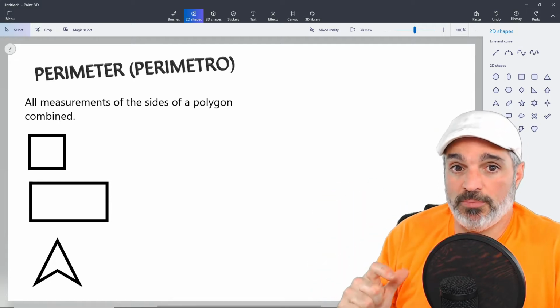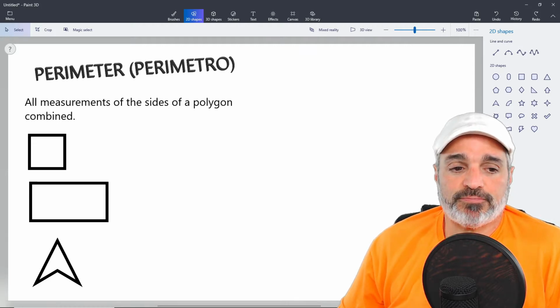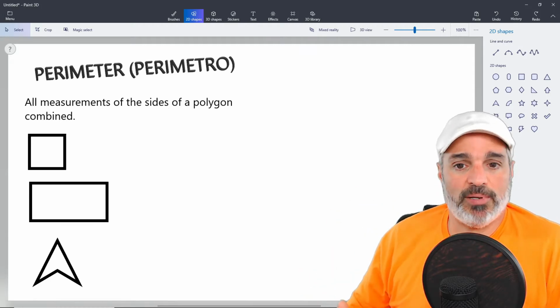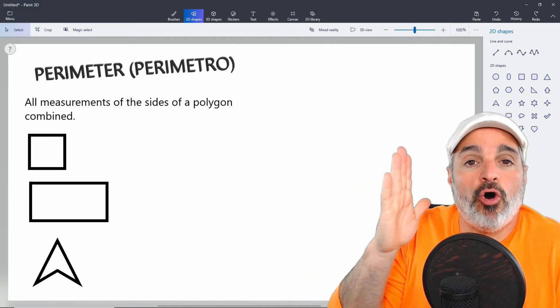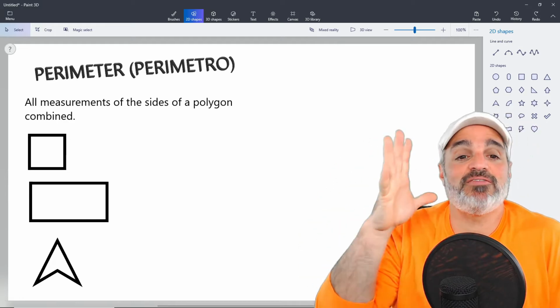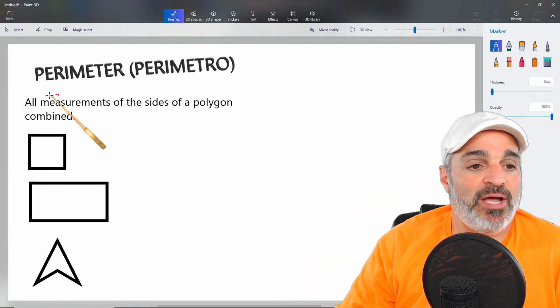This is going to be a short one because I'm just going to go over what perimeter is, and then on the second video we'll complicate things a lot. So basically, perimeter is all measurements of the sides of a polygon combined. And here's a few keywords: measurements.